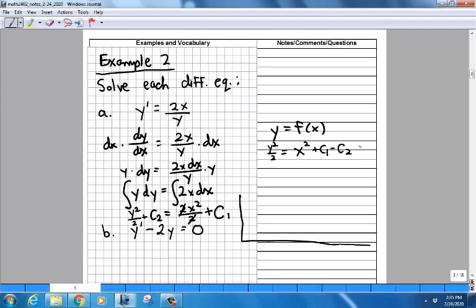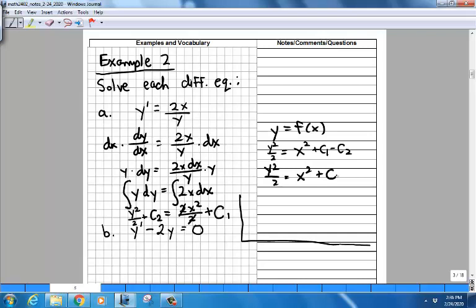So you can combine those two constants and you get just a third constant. So let's combine these and give that a name. You don't have to use C3, though. You could use C3, but since C1 and C2 are going away, let's just use C. So these two constants combine to give me some third constant. All right, so we got that far.